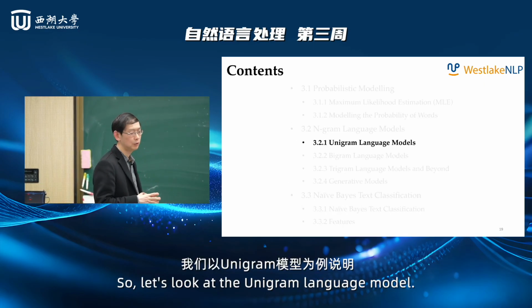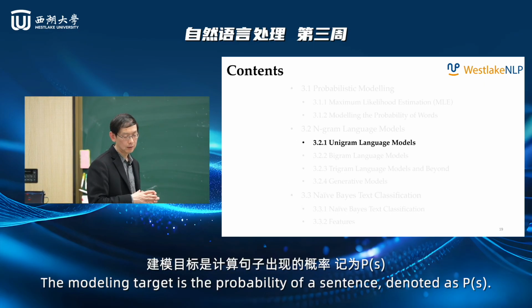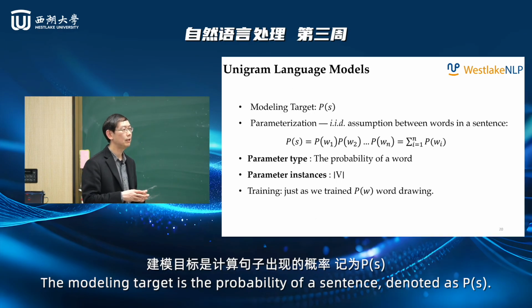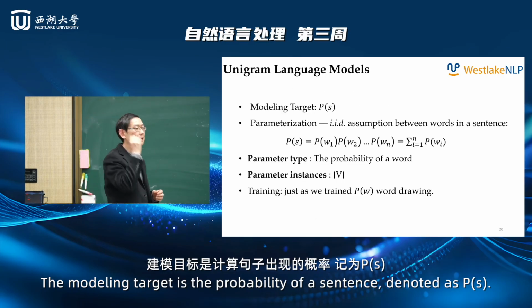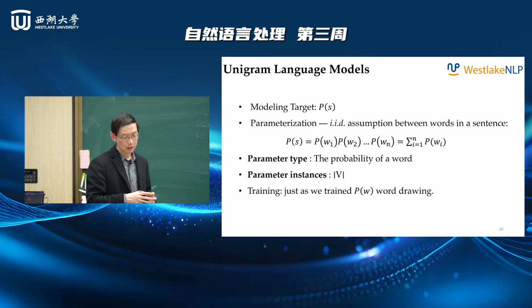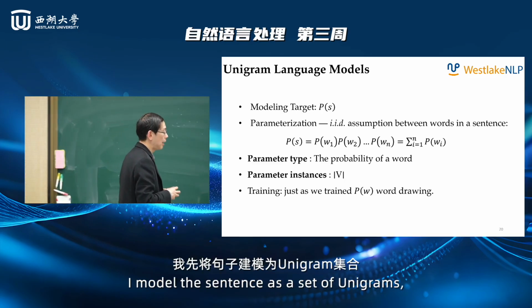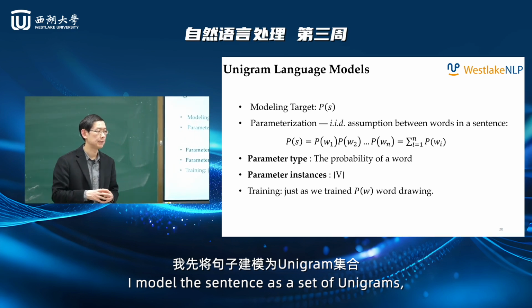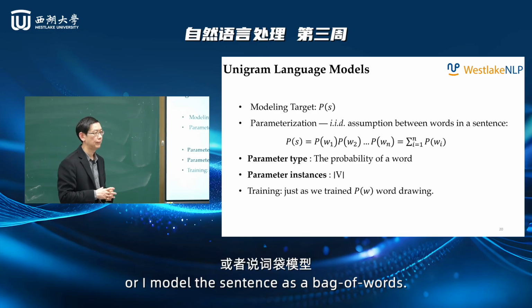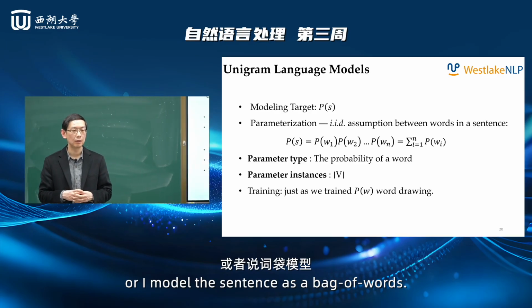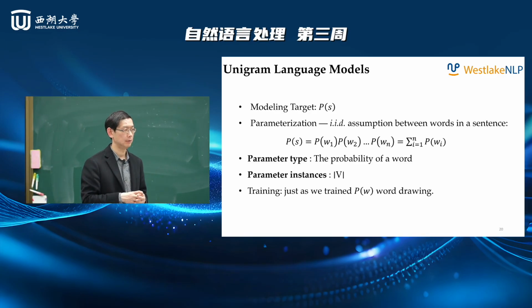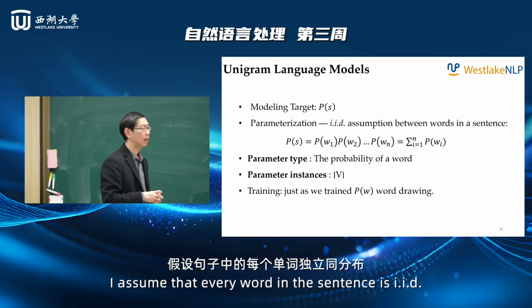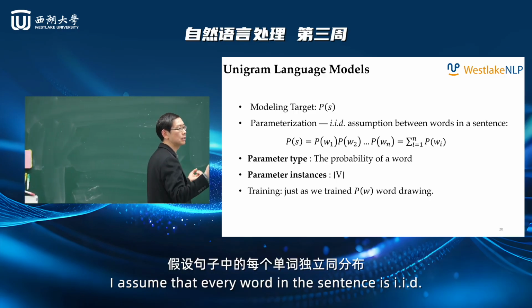So let's look at the unigram language model. The modeling target is the probability of a sentence, denoted as S, P(S). How do you parameterize the model? I model the sentence as a set of unigrams, or as a bag of words. I assume that every word in the sentence is IID.